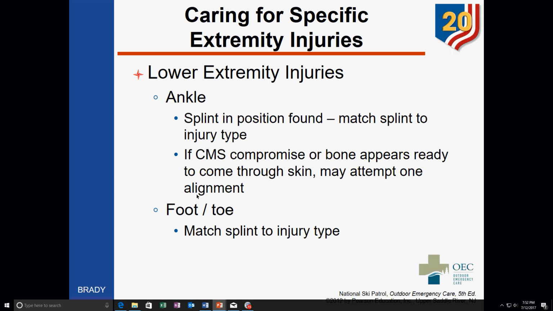And if the color is white, you may have made it too tight and cut off the circulation. So, skin color, they can move, or whether they can feel their toes, you don't necessarily have to feel it. A lot of times when they bring them in, they put them on the bed, and you're asking what the problem is and so on.